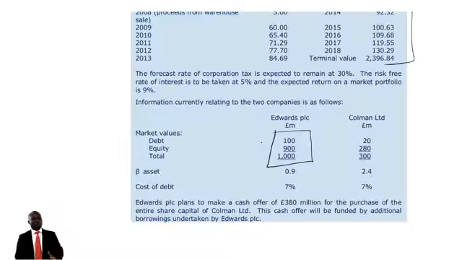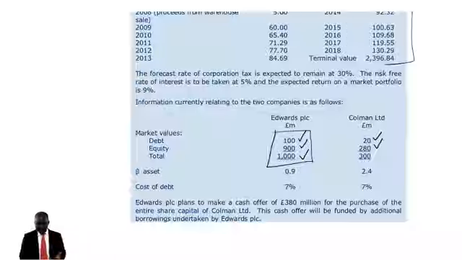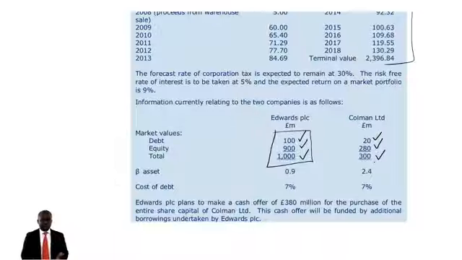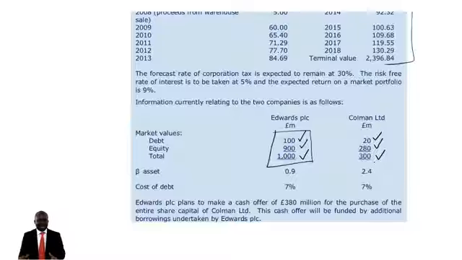So Coleman's corporate value is its debt and equity, which is 20 plus 280, which is 300. So the value of Edwards is 1,000. The value of Coleman is 300.